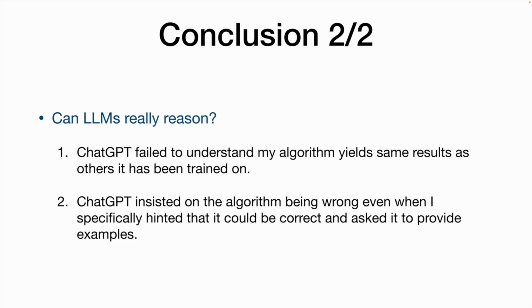Also, probably more importantly, when I provided some hints that no, my algorithm is correct, and asked ChatGPT to basically provide me with some examples, it still insisted that my algorithm is incorrect.